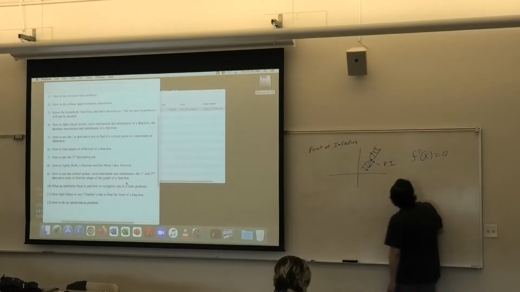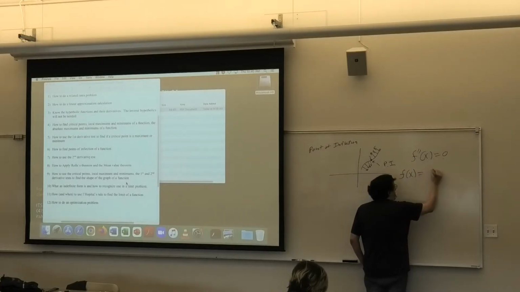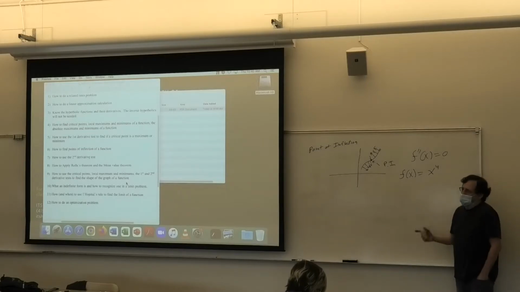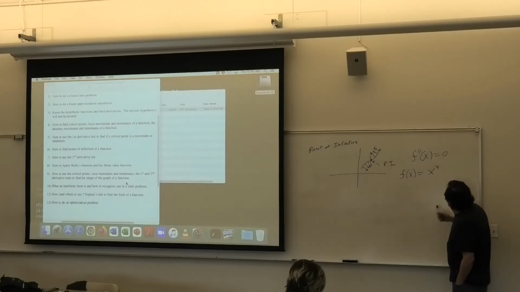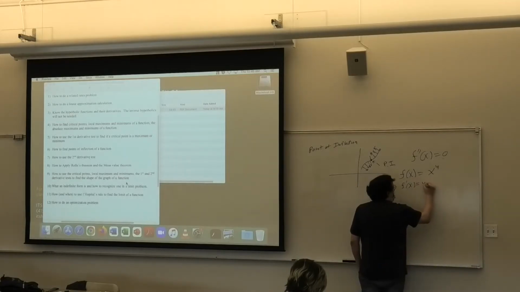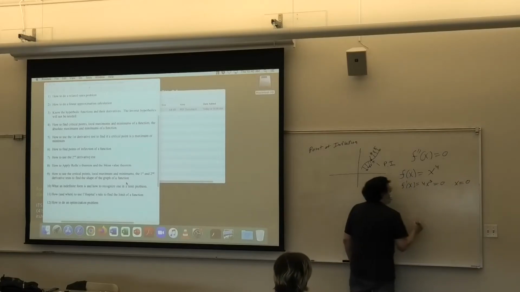The question was, what are the points of inflection of this function? Actually, it wanted to know where the critical points and the points of inflection are. So, all right, the derivative is 4x cubed, which is equal to 0 at x equals 0.